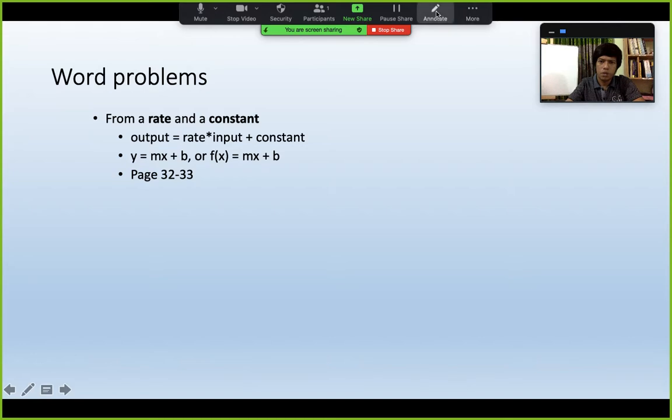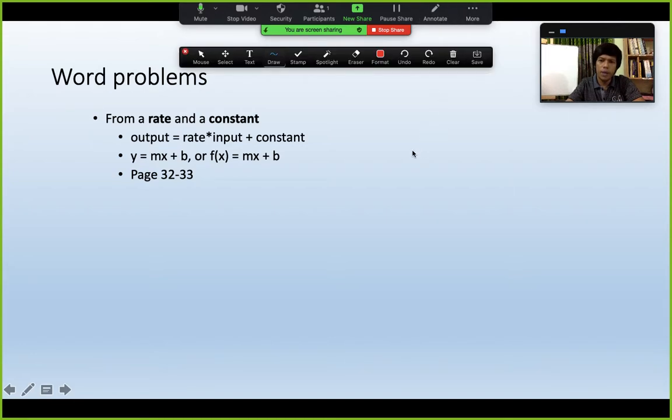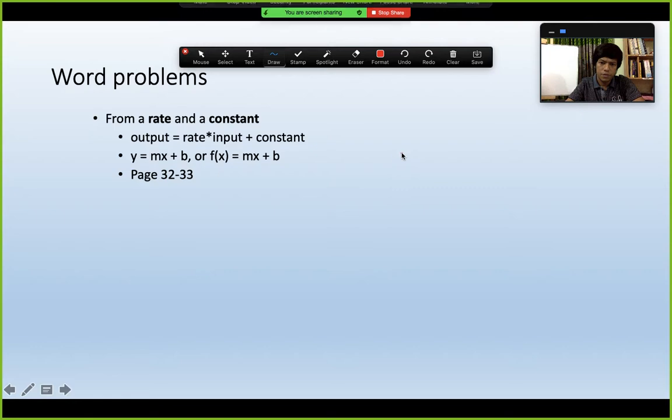Suppose you have $50. Then you decided that every week you will add $2 with this $50. $2 every week you will add.